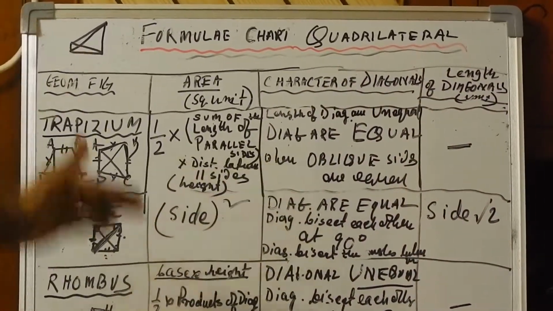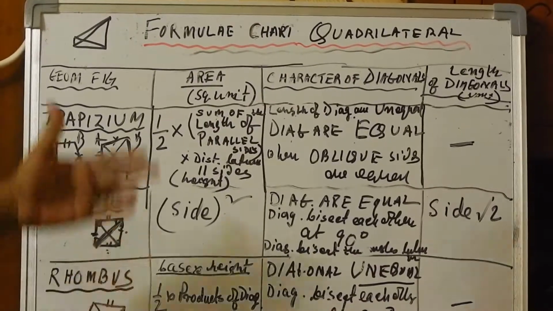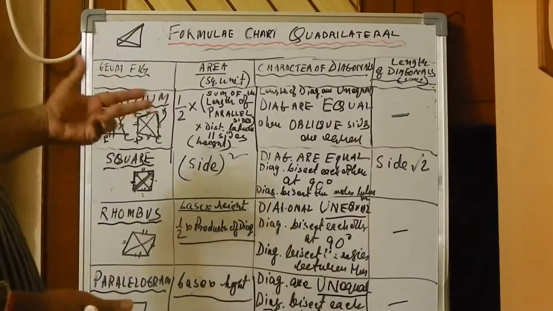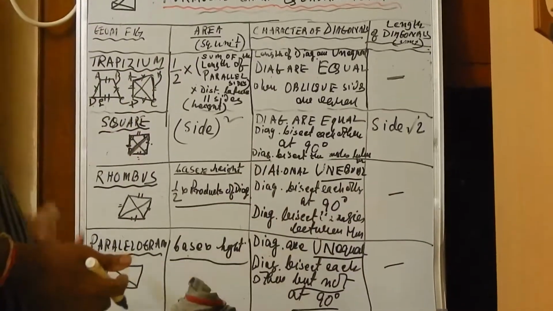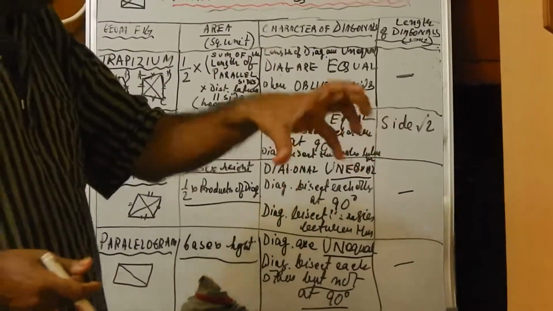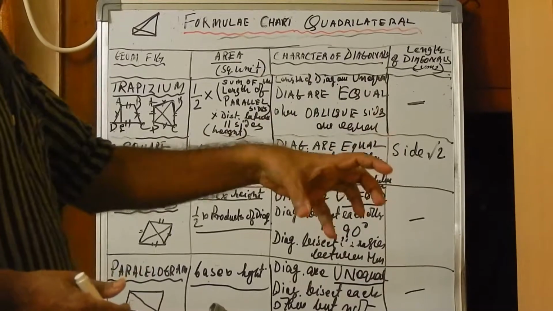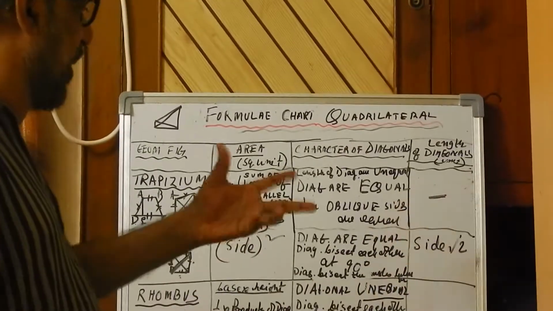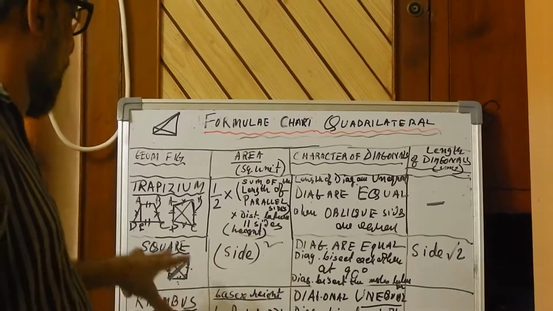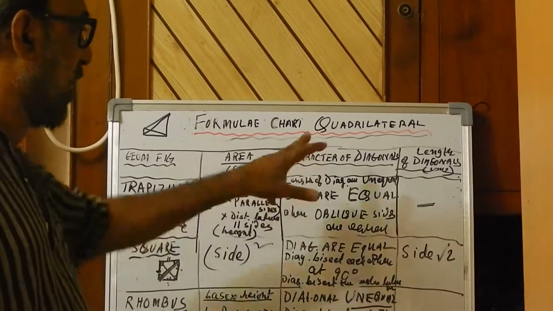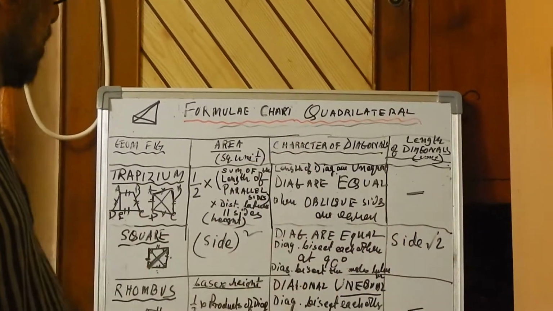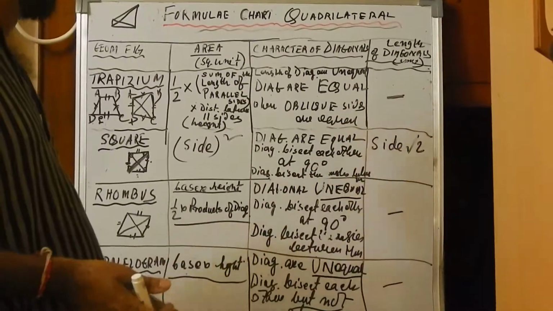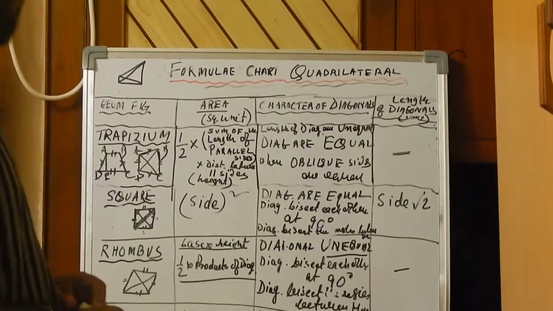So we have covered all the quadrilaterals, that means parallelograms, squares, rectangles and rhombus, these four groups as a whole. You can call them parallelograms, and separately we have mentioned them because depending on their shape, the characteristics of the diagonals vary, and the area formulas are also different.